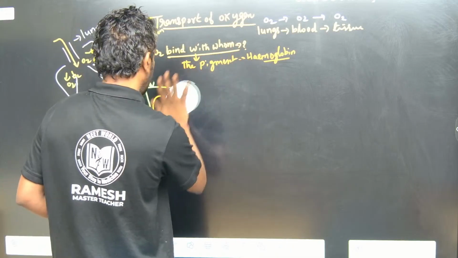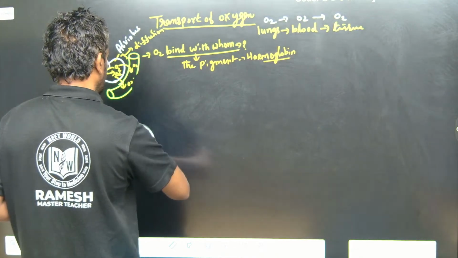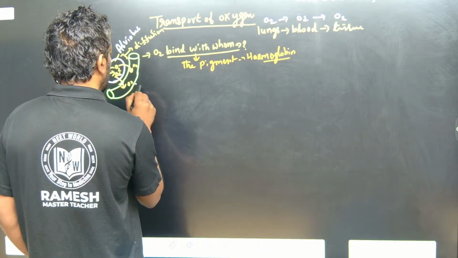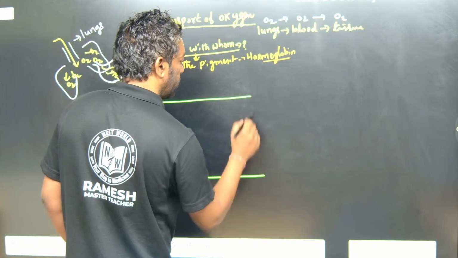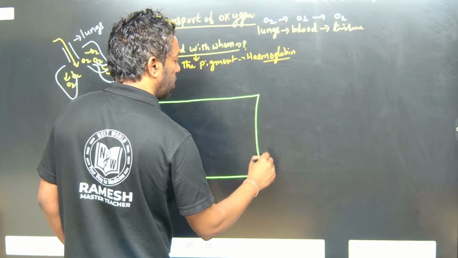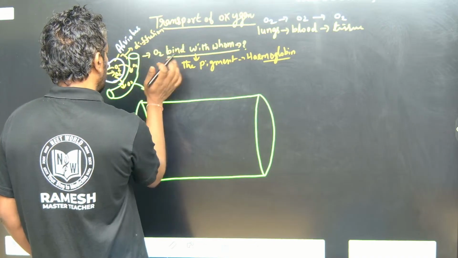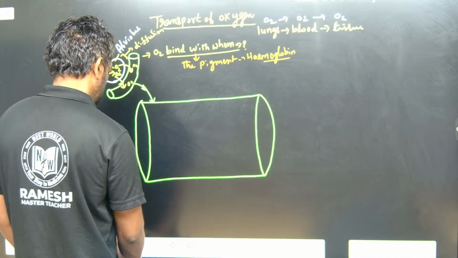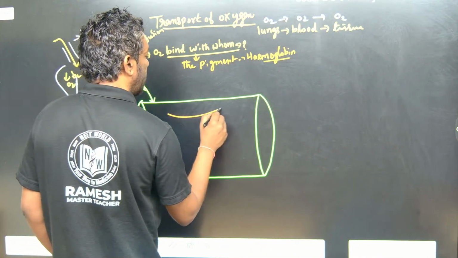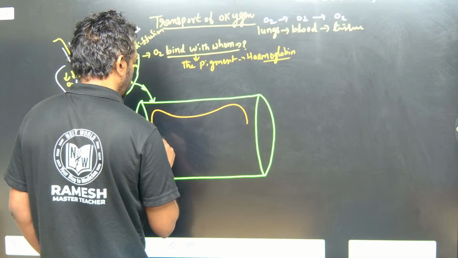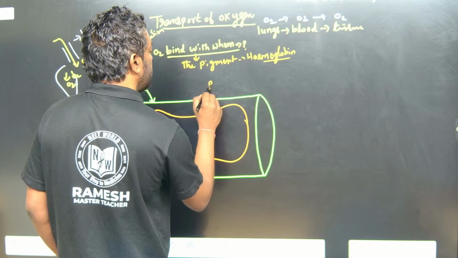I will give you a clearer picture. In the blood vessel there is an RBC, with a biconcave shape.